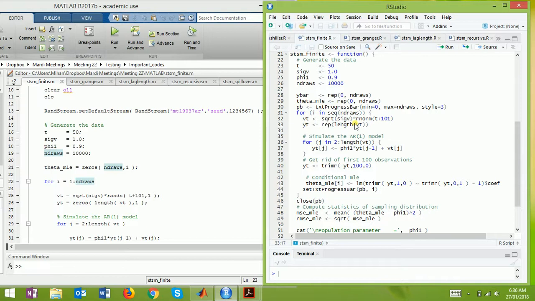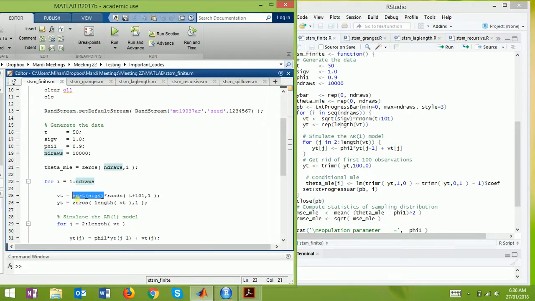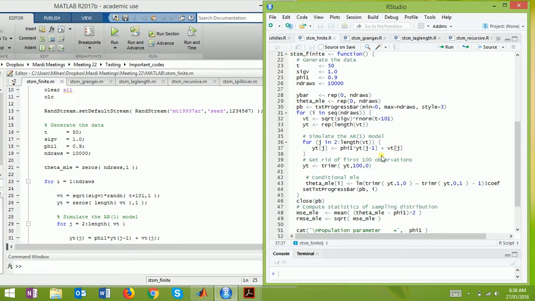We randomly generate our residual, which is the square root of sigma squared v, the variance, multiplied by a random number, t plus 101 rows and 1 column, because we have to discard the first 100. That's how we roll, and that's what we did here as well.